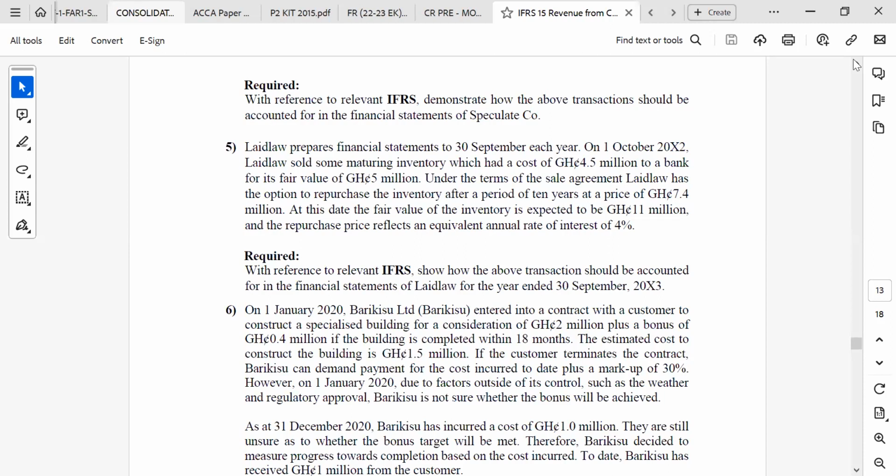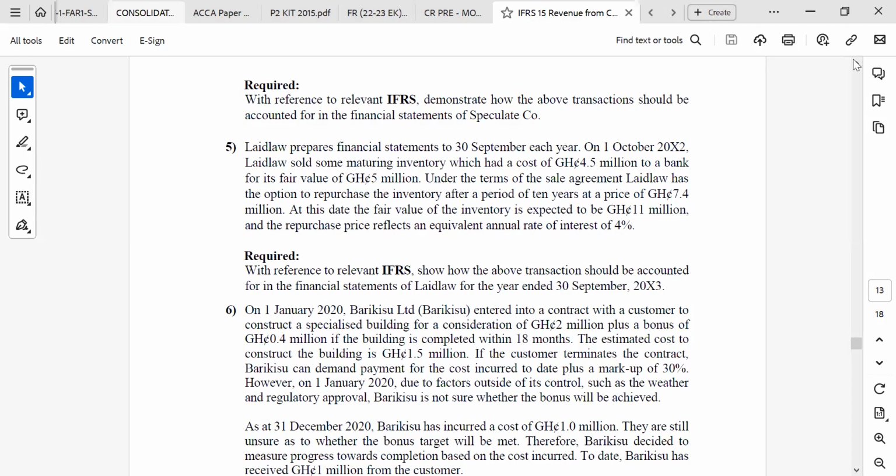Because even if you have not won the contract, you will surely go to Kumasi, or you have spent the transportation to Kumasi to negotiate with the clients. So that transportation cost, whether you win the contract or not, you still incur. So the costs incurred before the contract is awarded are expensed.